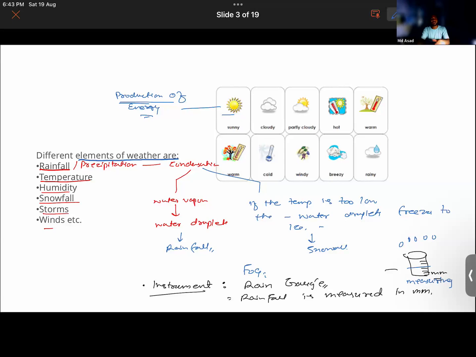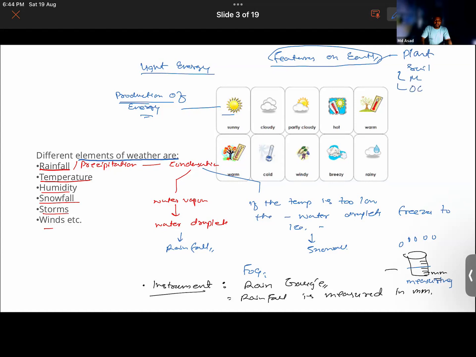Apart from that, if you talk about the light energy coming from the sunlight, how is this light energy absorbed or utilized by the features present on Earth? Features present on Earth are like plants, soil, mountains, oceans.